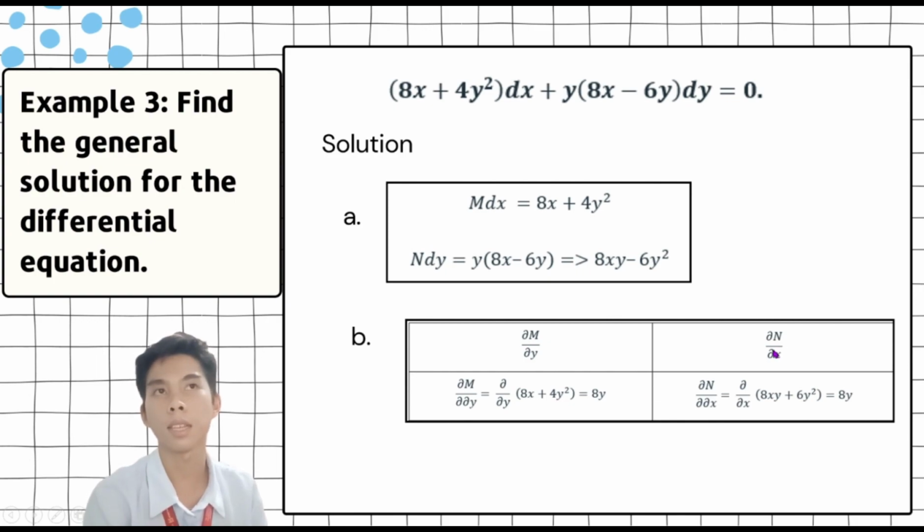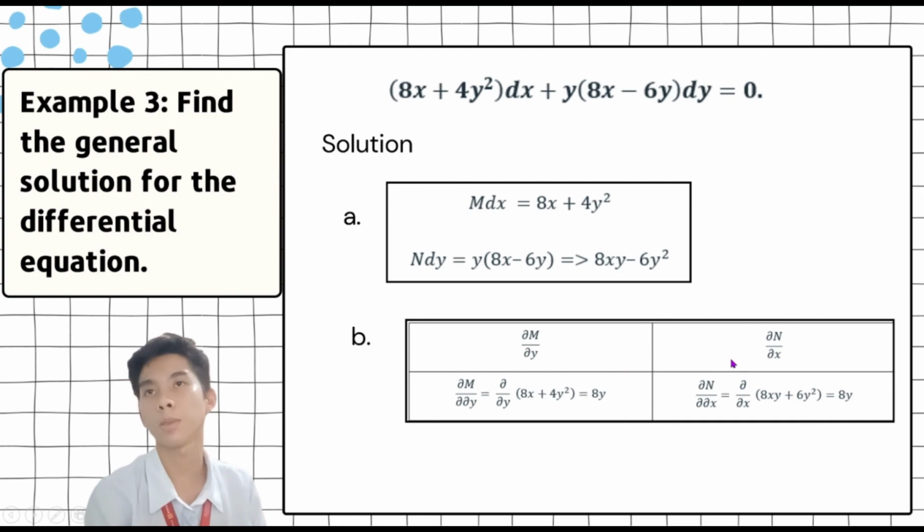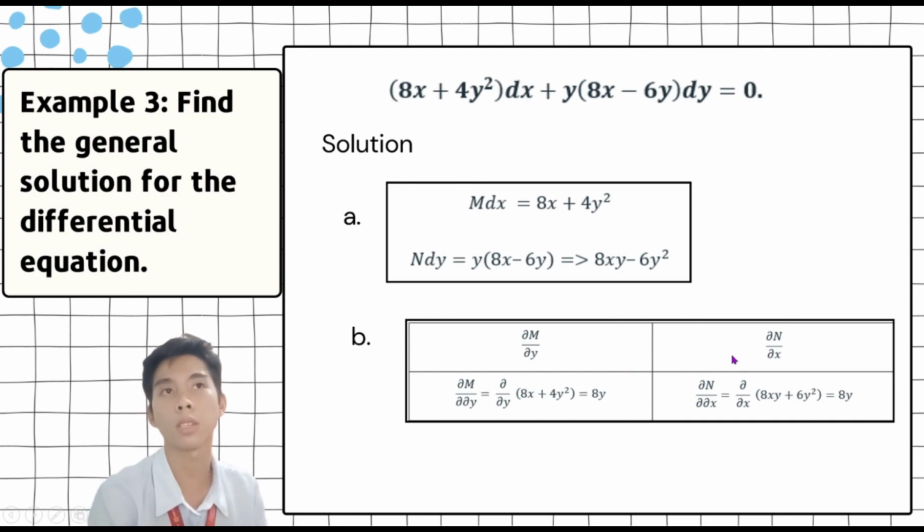And next, the partial derivative of N with respect to x is also equal to 8y. Since these two terms come up with the same value, therefore we can use the general solution using the exact equation.